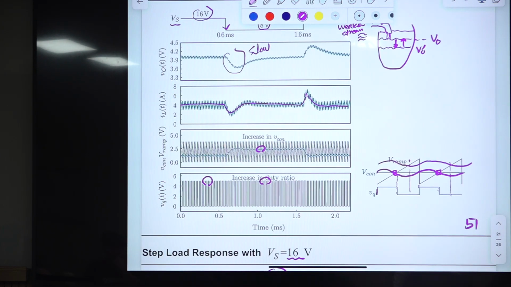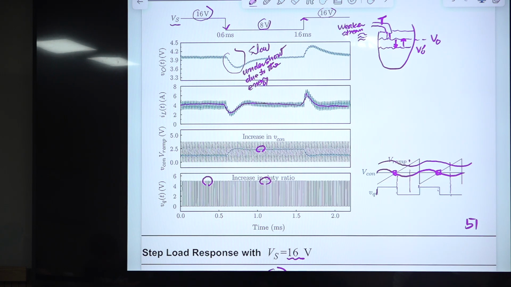This is undershoot, transitional undershoot due to the energy deficit in the capacitor.